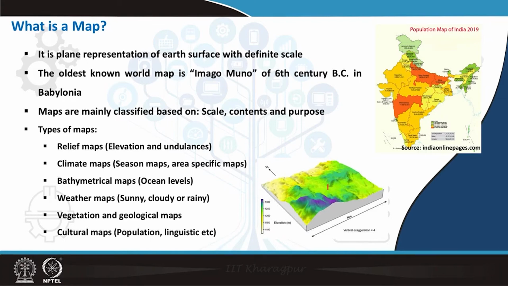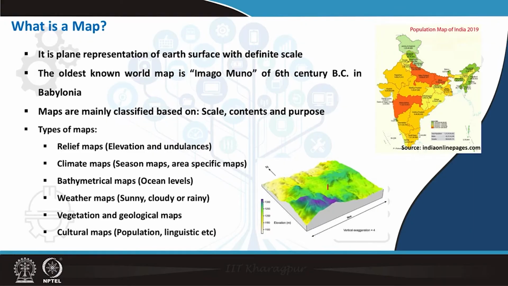The oldest known map in the world is the Imago Mundi of the 6th century BC in Babylonia. That is the oldest map available with us.